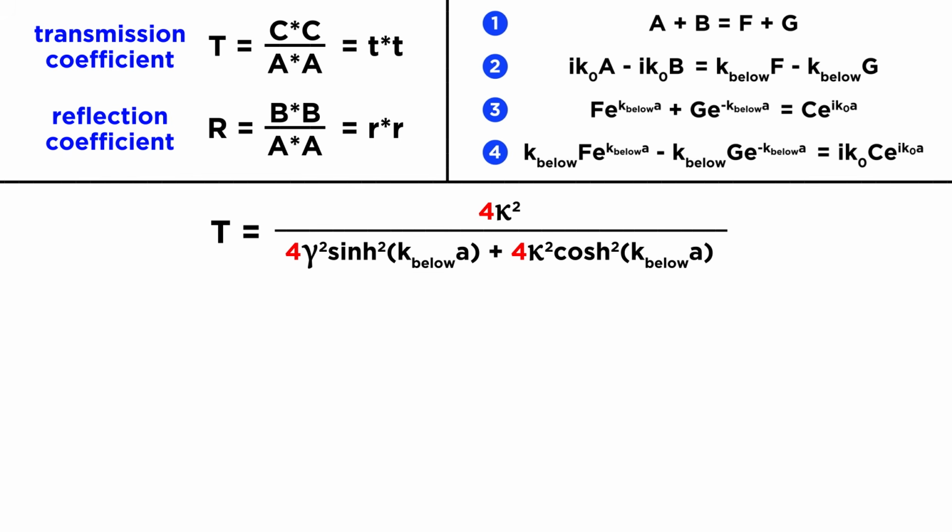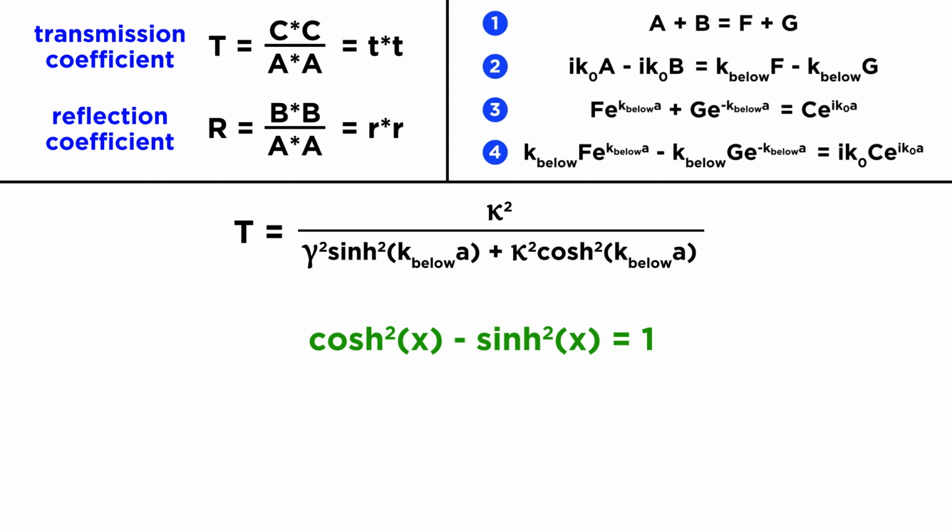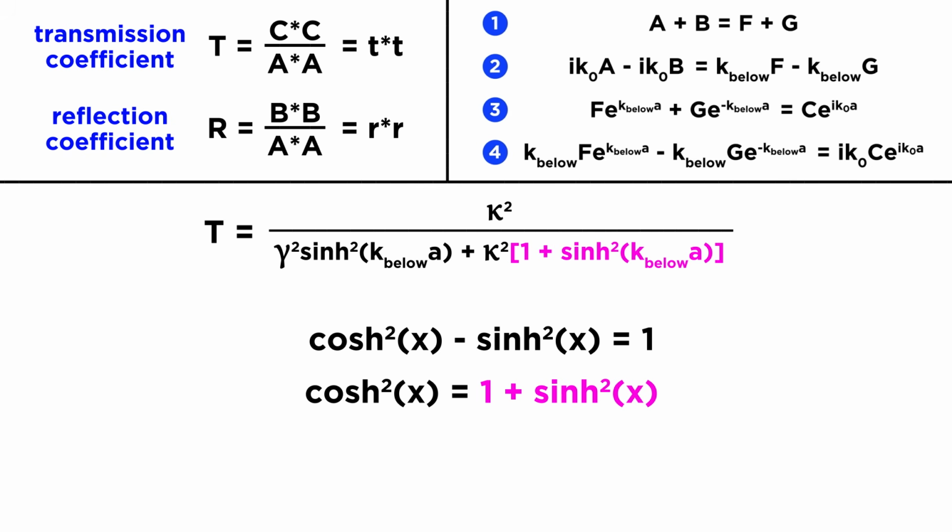Now let's divide through by 4 and get rid of them, and then we can use another trick, and that is the identity which tells us that hyperbolic cosine squared x minus hyperbolic sine squared x equals 1. We can use this to change the hyperbolic cosine squared term into 1 plus hyperbolic sine squared.